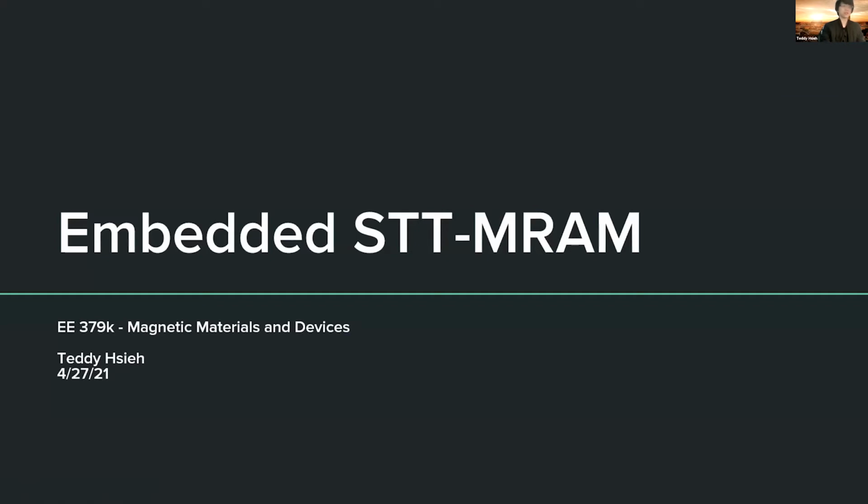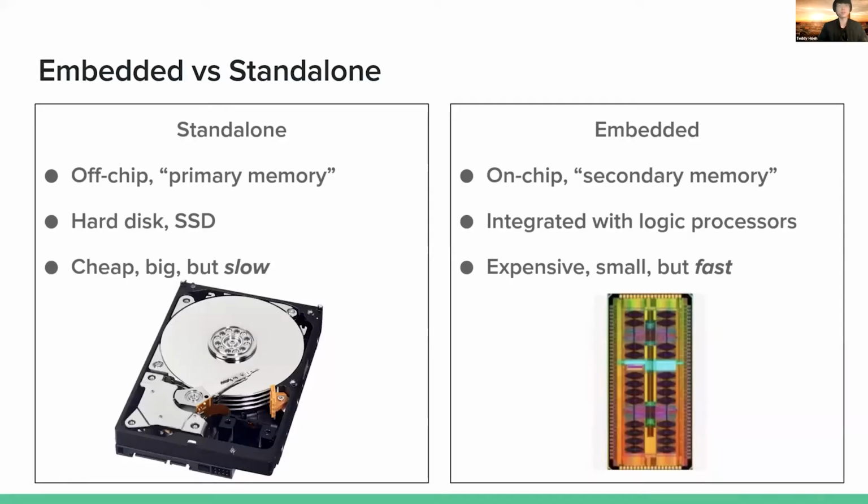So let's just start off the presentation to explain to everyone what the real difference is between embedded versus standalone memory. I would say standalone is probably what you have in your mind when you think about memory. This is your hard disk or your SSDs that you interact with often within your computer, because these are the off-chip and sometimes called primary memories that are relatively cheap and big, but they have a problem of being slow.